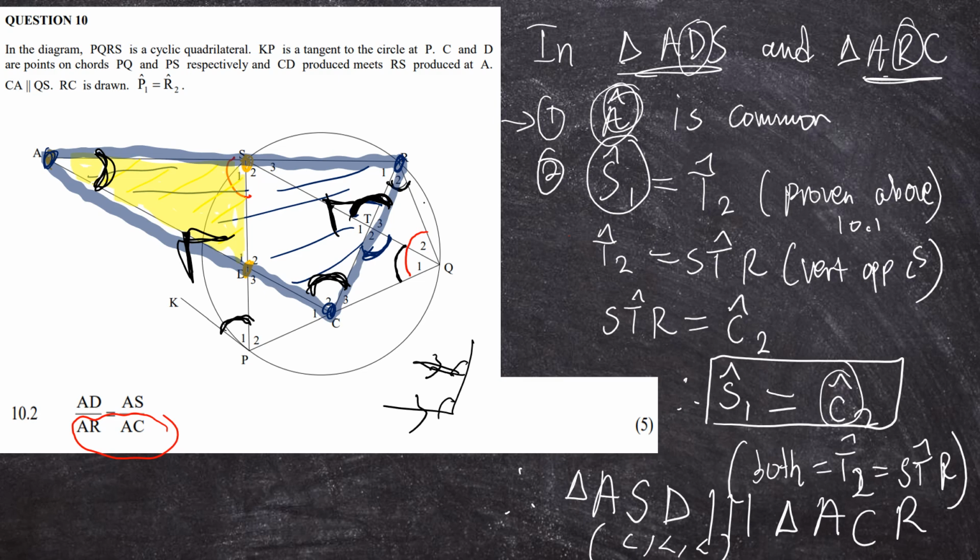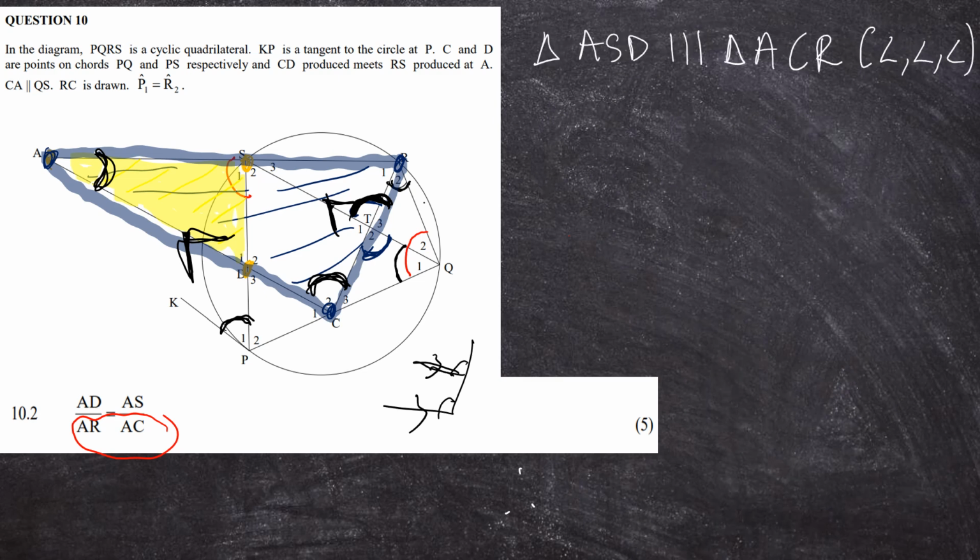Okay, so now we have proven that the two triangles are similar. What can we deduce? From similarity, we can move to proportionality. We have that theorem in grade 12 that if two triangles are similar, then their corresponding sides are also in the same proportion. So how do we go to proportionality? From similarity, just take the two first letters.